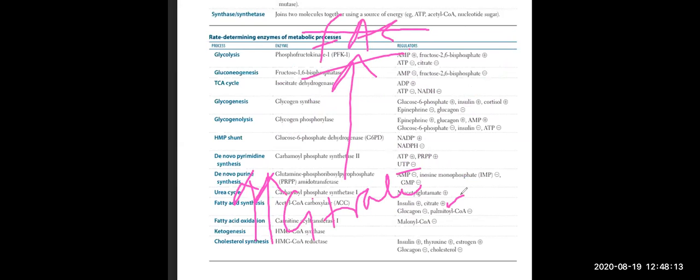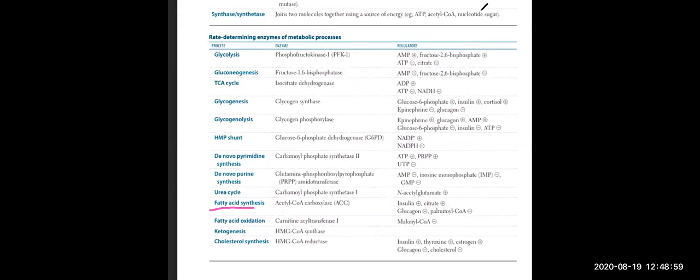More citrate will push the cycle more towards the production of fatty acids, so it will promote your fatty acid synthesis. But more palmitoyl-CoA, because the end product that you are forming is palmitoyl-CoA, okay. Your malonyl-CoA will be converted to palmitoyl-CoA. It is a fatty acid chain.